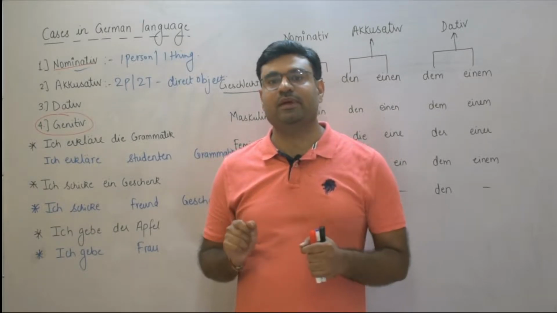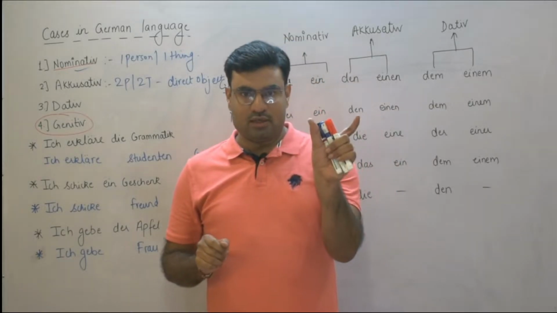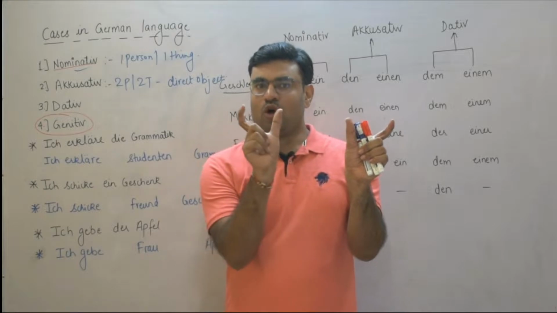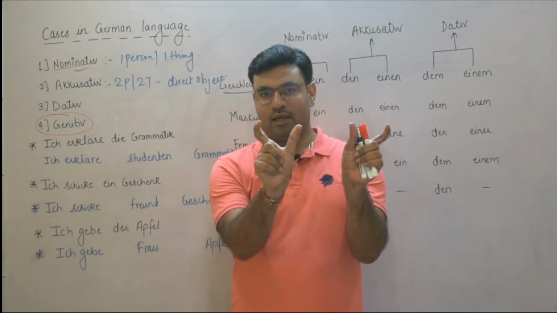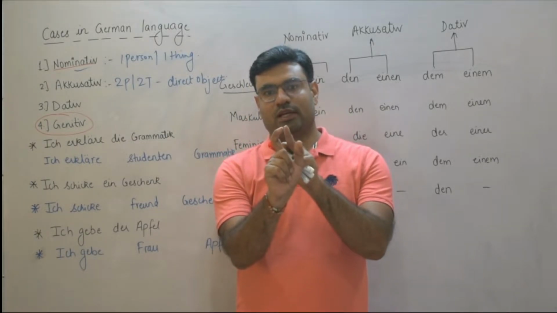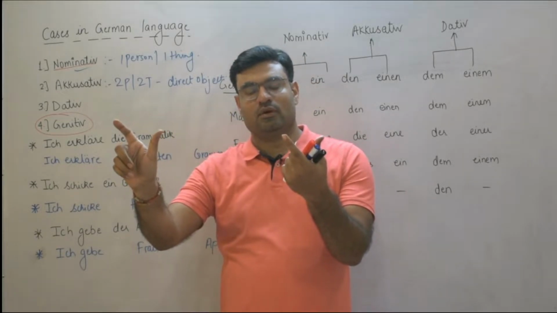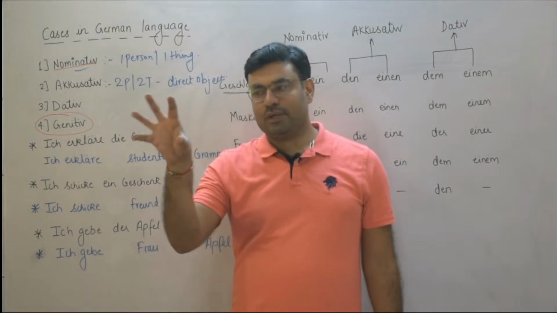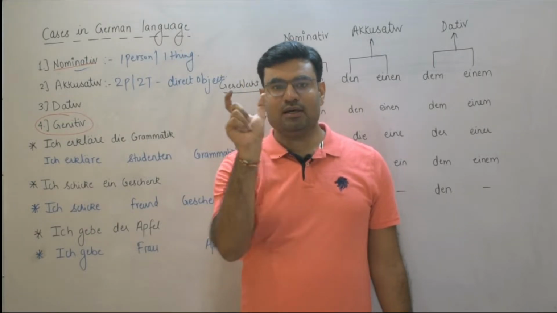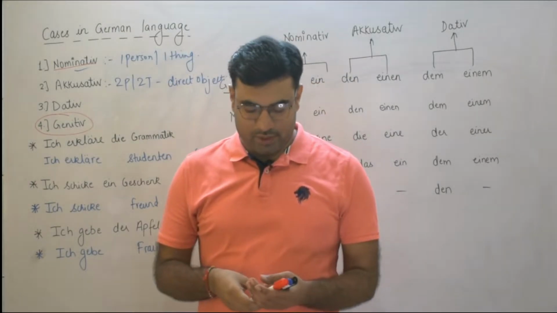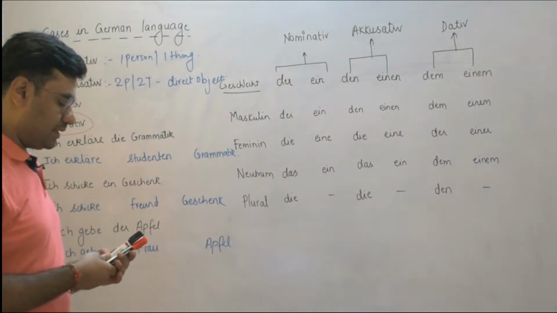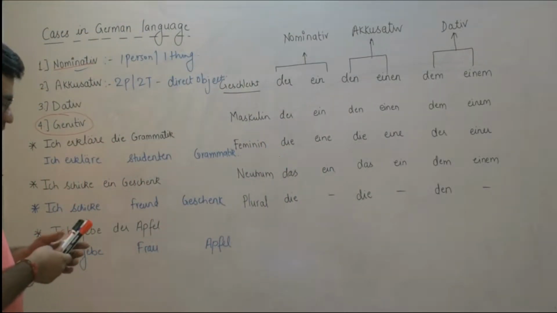What does indirect object mean? One subject is there, one object is there, and this is the direct object. Now, if we have another object in the sentence, then this third one is in the dative case. Let me explain this with an example.